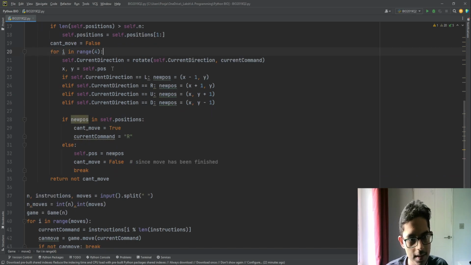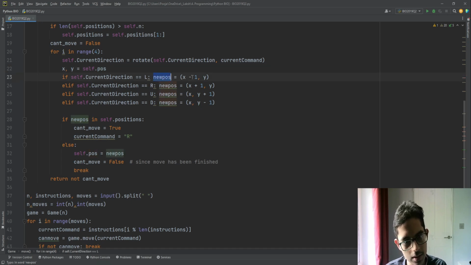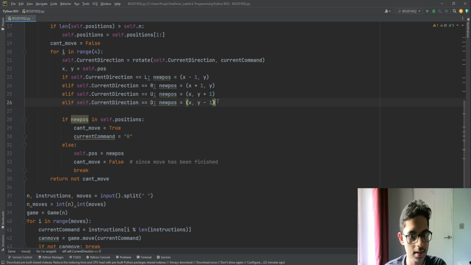And then what we do is we just assign the x and y variables to whatever the current position is. And then we carry out the new position. The new position is either x minus 1, y; x plus 1, y; x, y plus 1; or x, y minus 1, like the four Cartesian corresponding coordinates to left, right, up, and down.